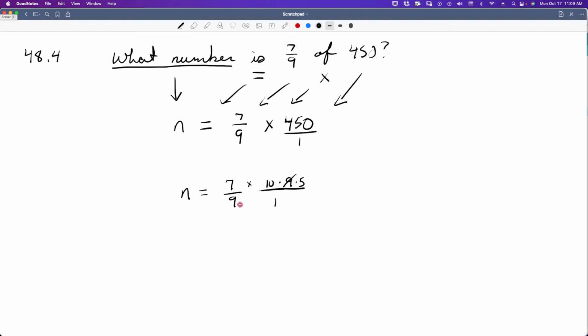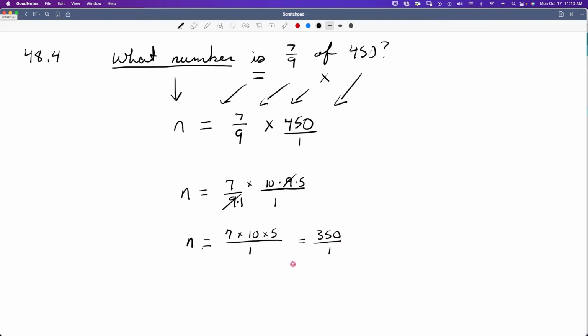So I can factor out the 9s. Guess what? When I factor out this 9, all I have left is a 1 down here, because 9 times 1 is 9. So now I can multiply. n is equal to 7 times 10 times 5 over 1 times 1, which is 1. 7 times 10 is 70, and 70 times 5 is equal to 350 over 1.